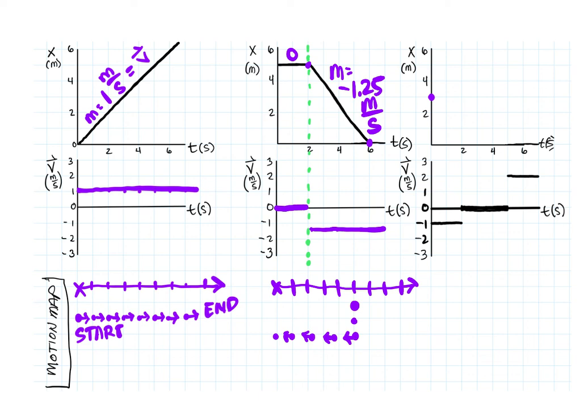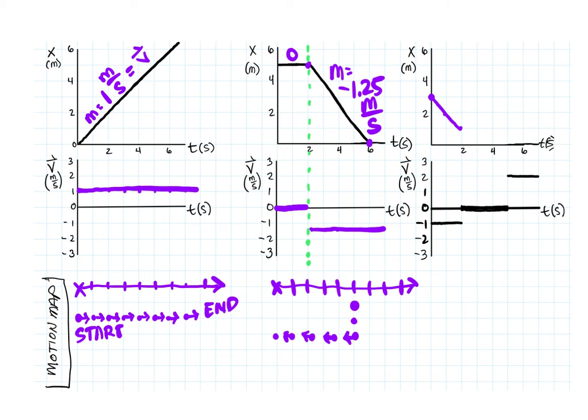So for the first 2 seconds, okay, I am going to have a velocity of -1 meters per second. So I am going to have a velocity of -1 meters per second for 2 seconds. So that would be my first 2 seconds.